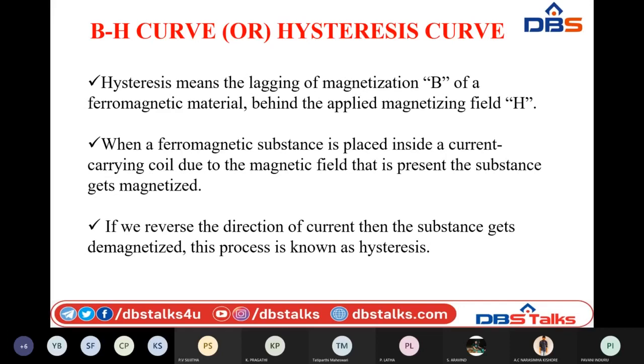If we reverse the direction of the current, the substance gets demagnetized. Whenever we change the current direction, it opposes the induced magnetic field, and then it gets demagnetized. This process of magnetizing and demagnetizing leads to hysteresis or the BH curve.